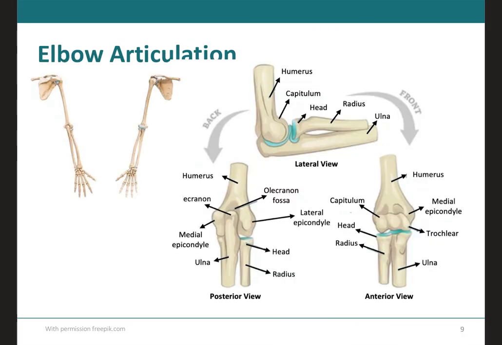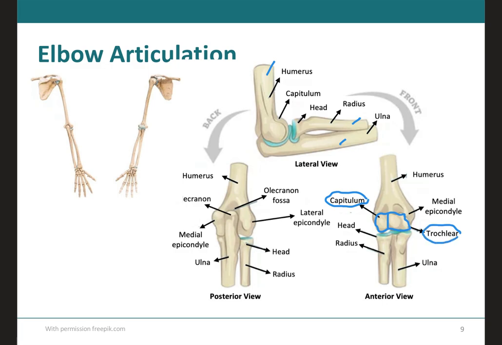Now that we know the bone features of the humerus and the bone features of the radius and the ulna, we can see how they will articulate to form the elbow joint. Remember that on the humerus, we had a condyle, which was the smooth articulating surface that was divided into two parts. We had what we call the capitulum, and then we had what we call the trochlea.